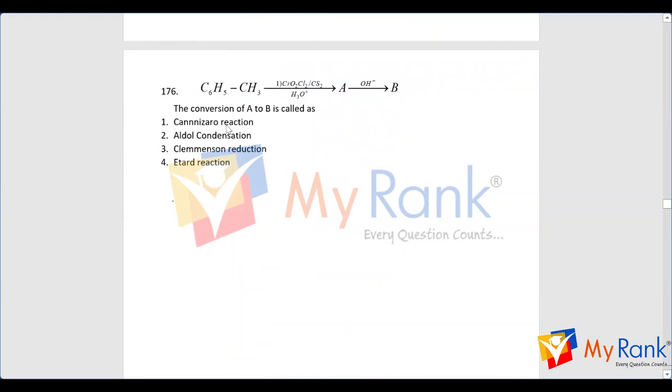The first one is methyl benzene, toluene. When reacted with CrO2Cl2, carbon disulfide and H3O plus, this is called Etard reaction.